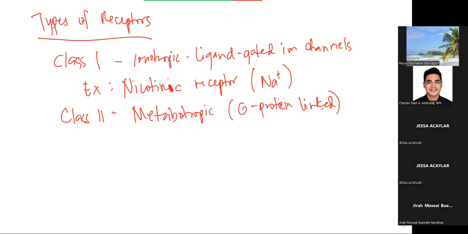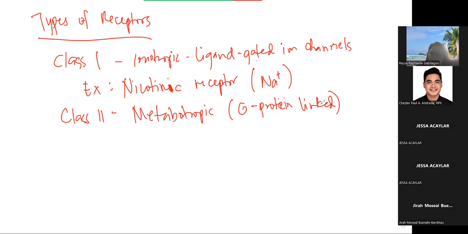And this G protein will have activation of this G protein will lead to cascades of events like activation of another enzyme, and that enzyme is needed to produce secondary messengers.